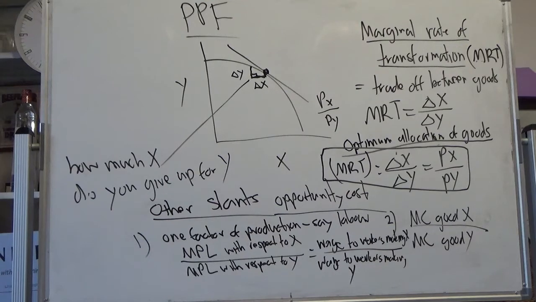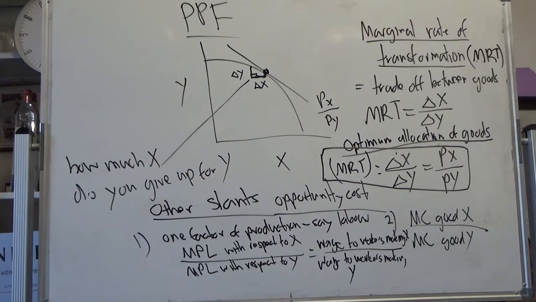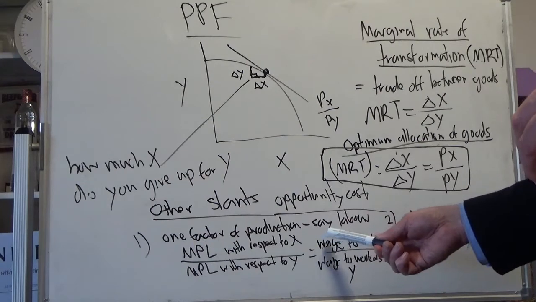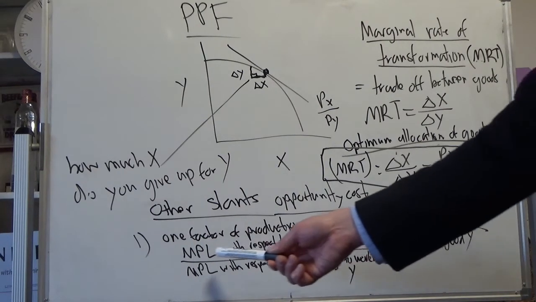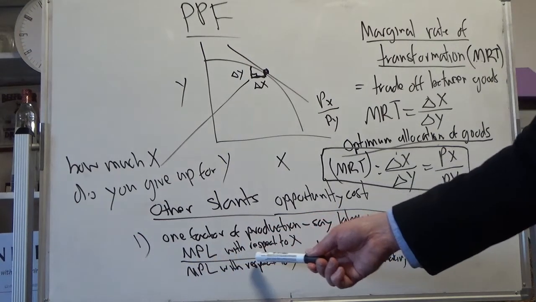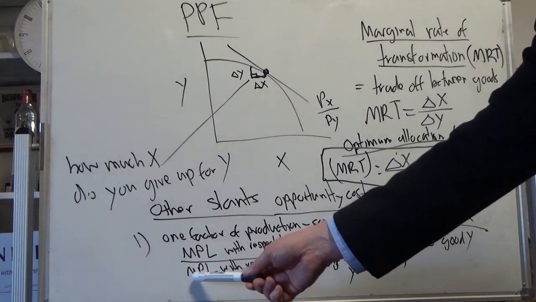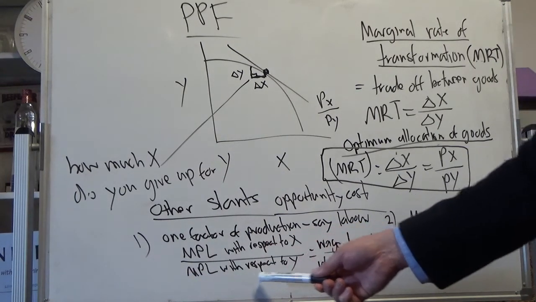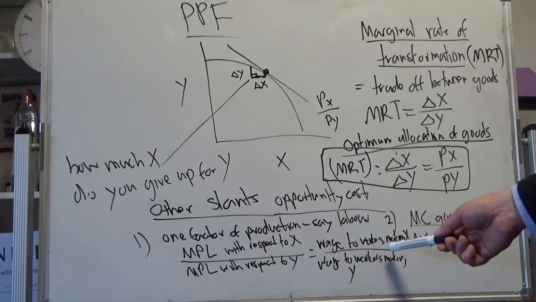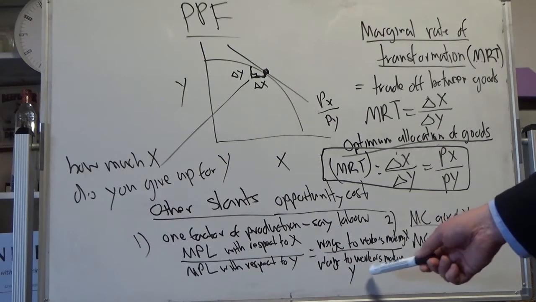So other slants of this opportunity cost concept I've seen in the literature, when you consider only one factor of production, say labour, so you're measuring the opportunity cost by the marginal productivity of labour with respect to workers in industry X over marginal productivity of labour with respect to workers in industry Y, equal to the wage rate of workers making X and the wage rate of workers making the Y good.